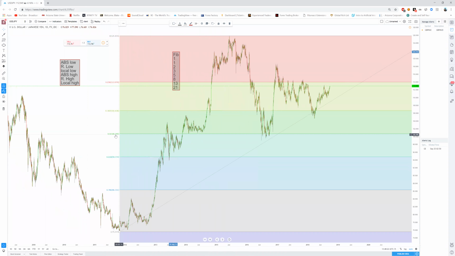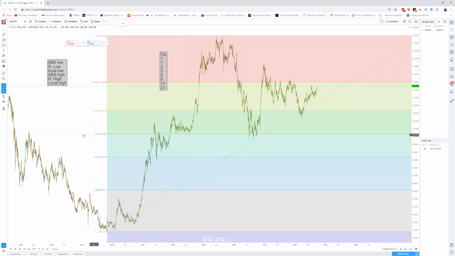Well, if we look at the previous number and divide it by the following number, we see at first 1 divided by 1. Who cares? That doesn't make any sense. It's just 1. But the next one here, the very second fib or first retracement fib is 1 divided by 2. 1 divided by 2 is 0.5.